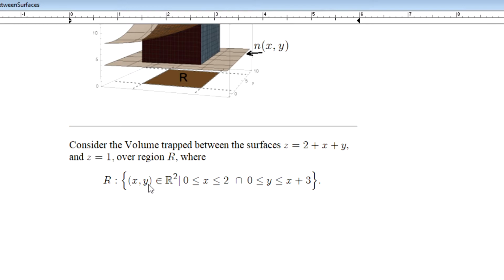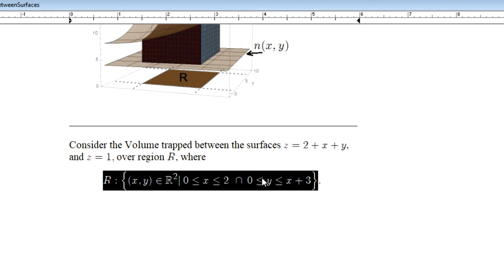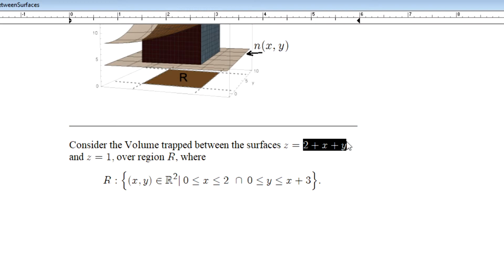What we could note is that over this regional description of space, I should be careful here. We're defining our region in quadrant 1. The region is going to form over quadrant 1 of space in two dimensions. What we can note over that quadrant is that 2 plus x plus y will always be bigger than 1.